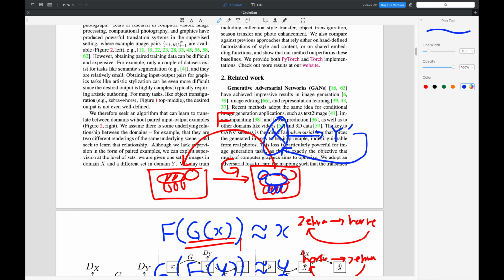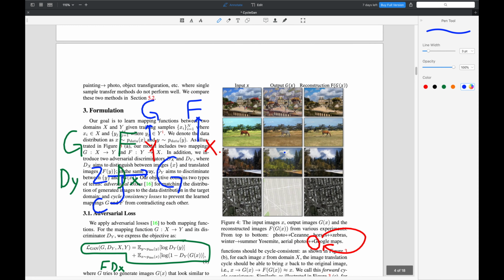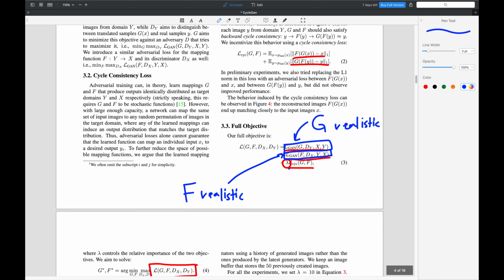It doesn't care about the input it receives. It only has to generate a single realistic-looking horse, because that's all the generators and the discriminators care about. That's why we need the cycle consistency loss, to ensure the semantics are preserved between the input and the output.